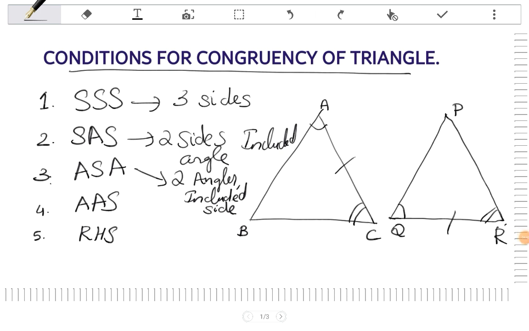So we can see these 2 triangles are congruent by the ASA condition. Suppose instead of QR, it is given that AC is equal to PR. Are the triangles congruent? No, because PR is not an included side.